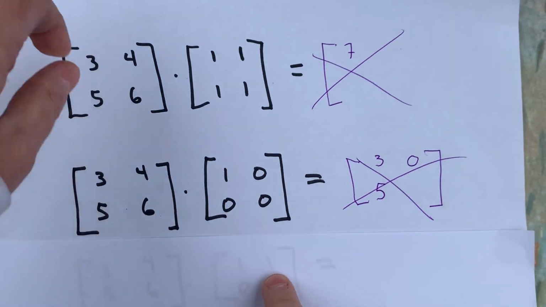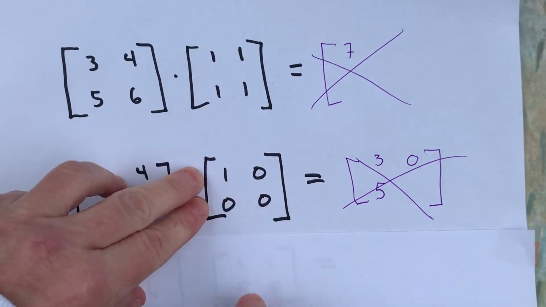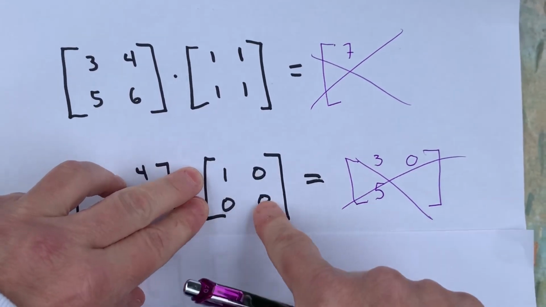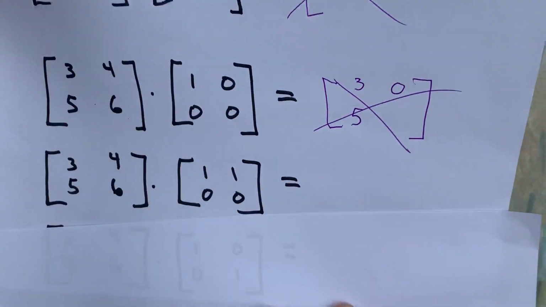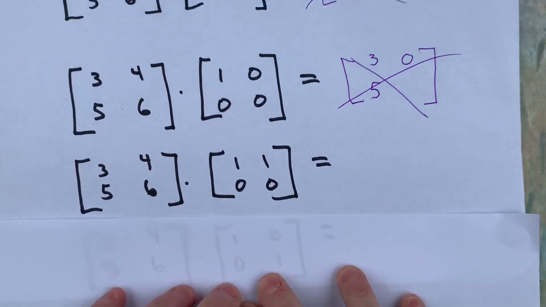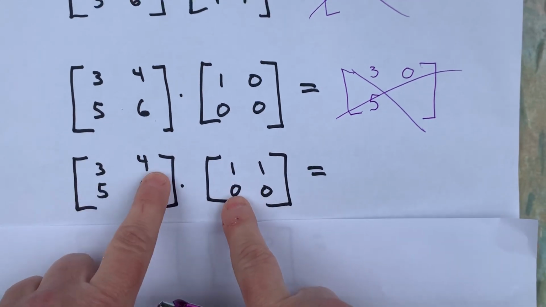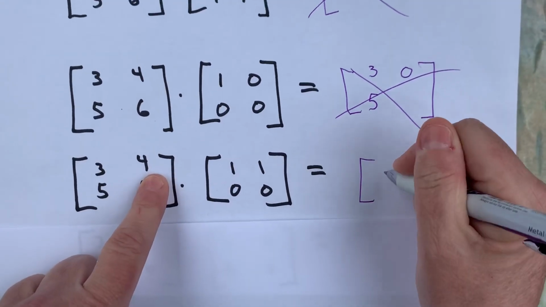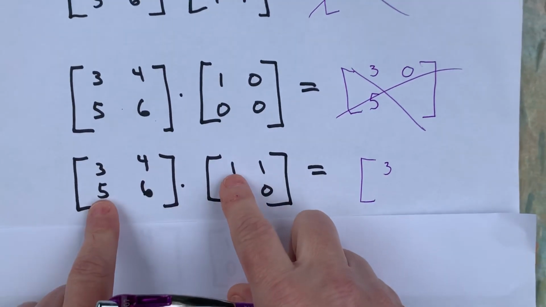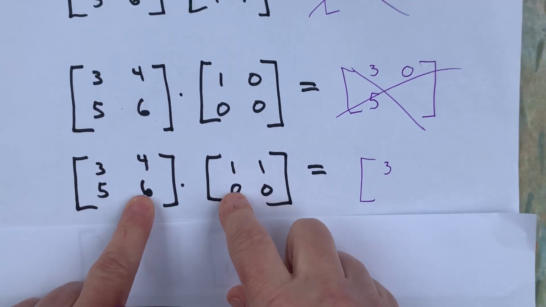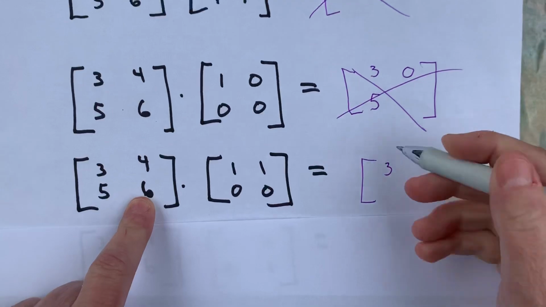It looked like I did okay here with a 1 and a 0. What would happen if I also put a 1 and a 0 there? Is that going to work? 3 times 1 plus 4 times 0 gives me the 3 where I want it. 5 times 1 plus 6 times 0 gives me the 5.